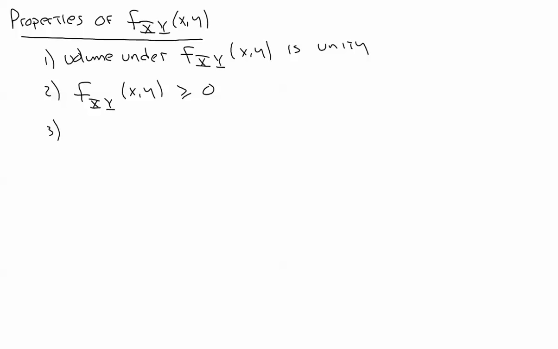A third and very important result, beginning with my cumulative distribution function. Remember, if I take my joint cumulative distribution function and let y equal infinity, I get a marginal cumulative distribution function back. All right? Well, from a property on a couple of slides back, my joint cumulative distribution function can be found by integrating my joint probability density function.